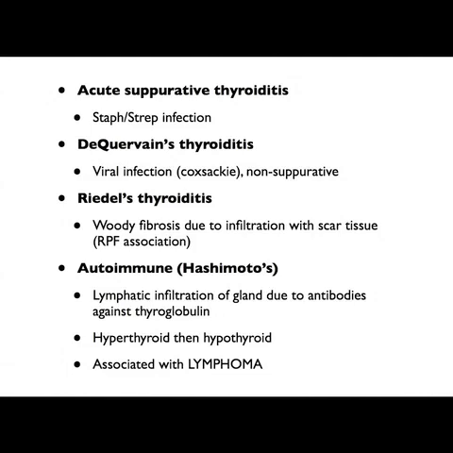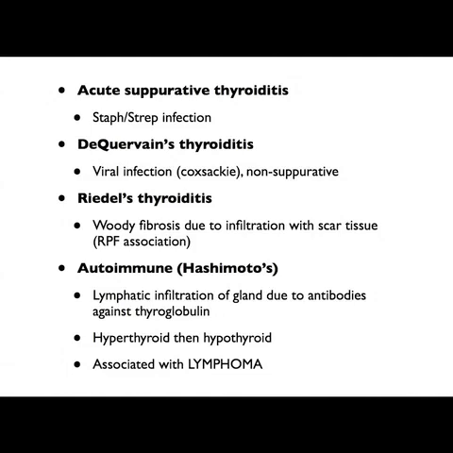Riedel's thyroiditis tends to give you a woody fibrosis. That's a classic description, and it comes about due to an infiltration of scar tissue. It can be associated with retroperitoneal fibrosis as well. And finally, there's the one that you learn all about in medicine, Hashimoto's, or autoimmune thyroiditis.